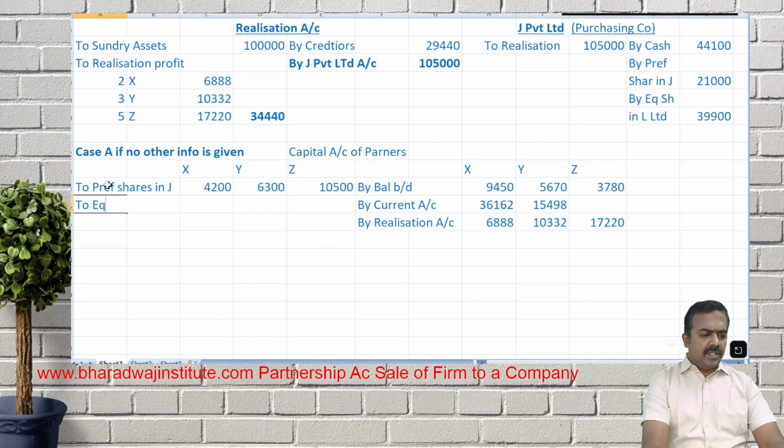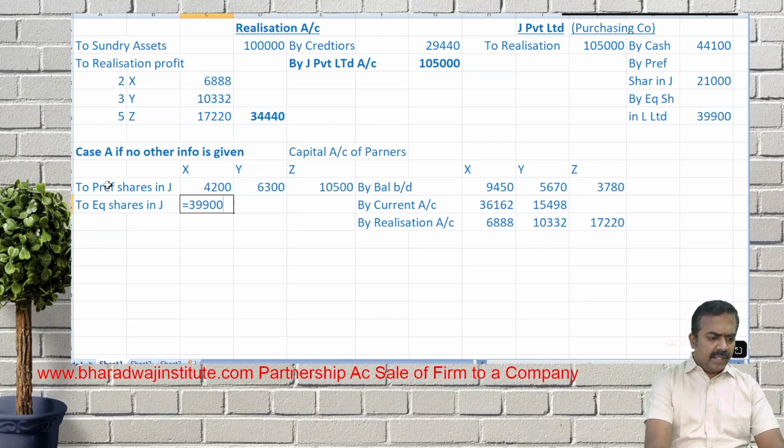So equity shares in J, the partners will take over in the same ratio, same manner. 39,900 into 2 by 10. 39,900 into 3 by 10. Very simple.